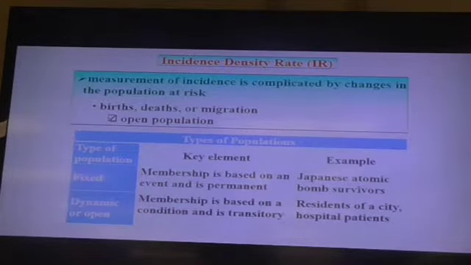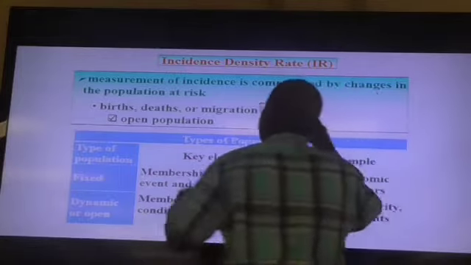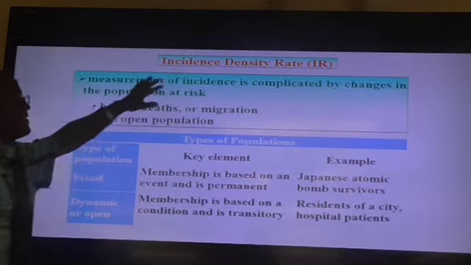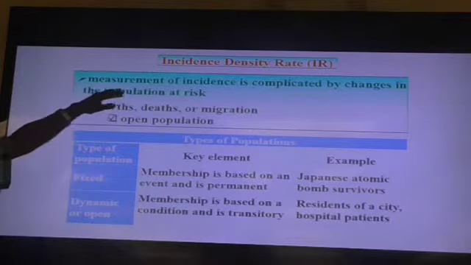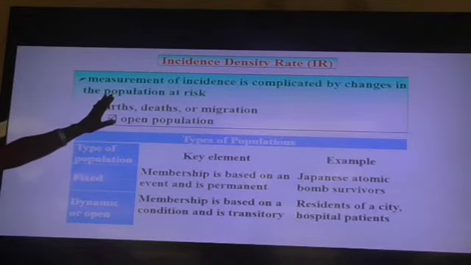So now the other measure is incidence density rate. I think you might have seen that when you are reporting incidence, change in population is really a problem.